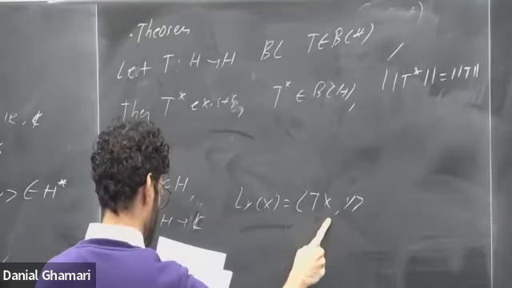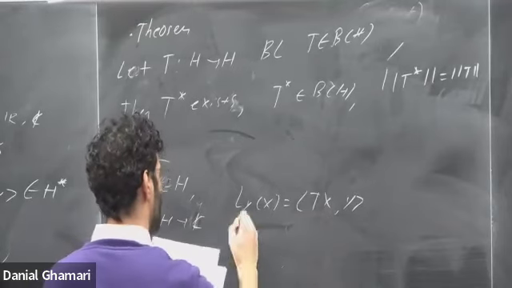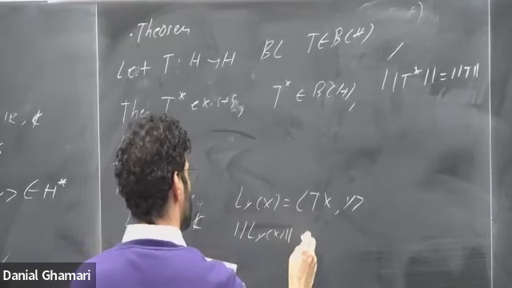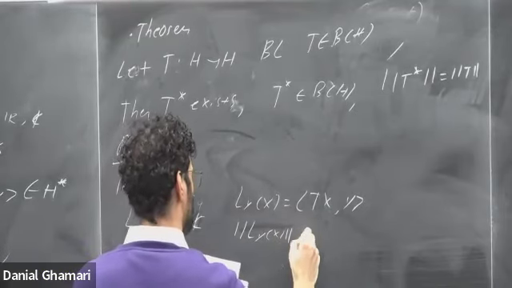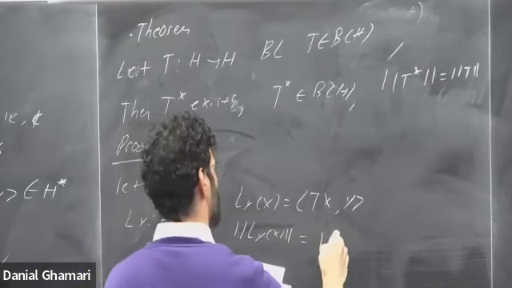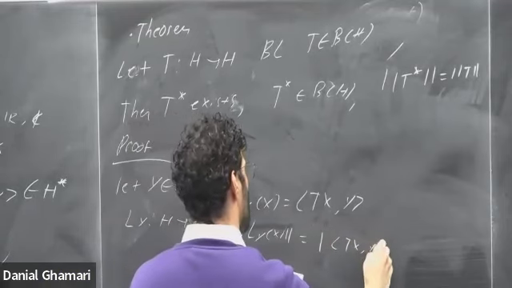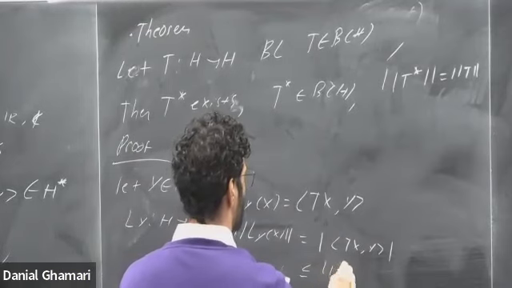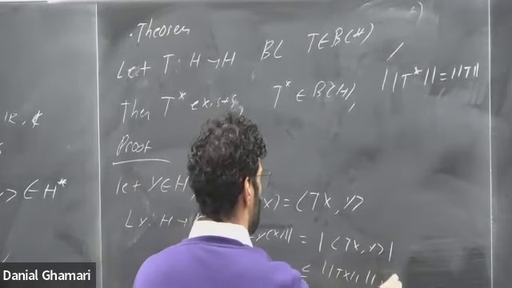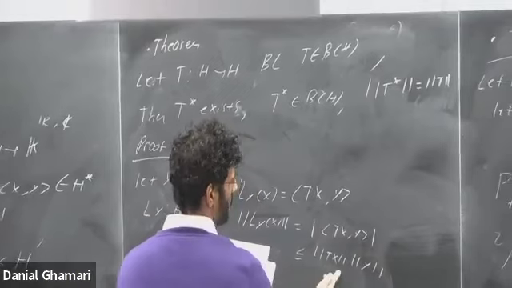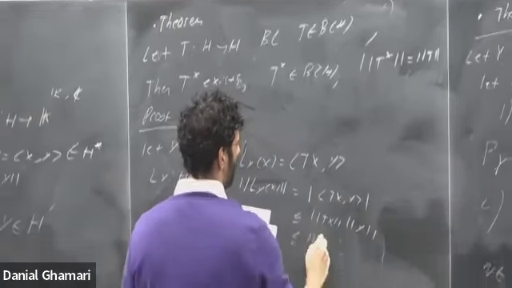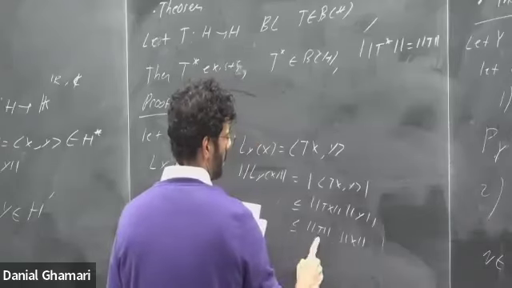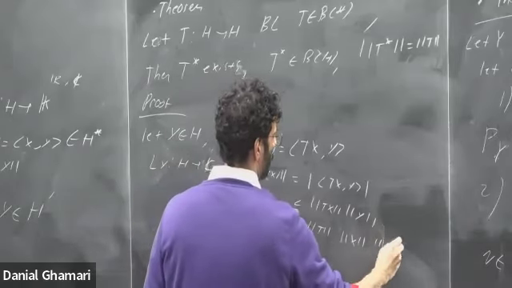And we also have that I take the norm of Ly of x. This is equal to the absolute value of the inner product of T x comma y. And here I can use Cauchy-Schwarz, which tells me this is bounded above by the norm of T x times the norm of y. And then since T is bounded linear, it's bounded above by the operator norm of T, norm of x, norm of y.